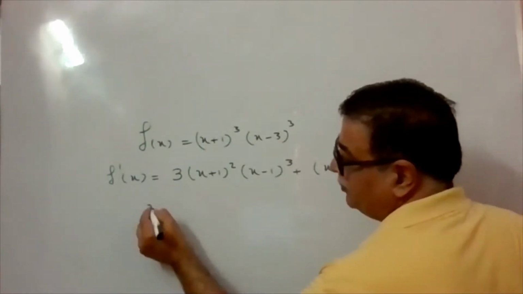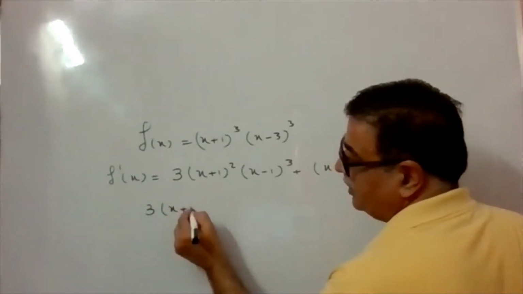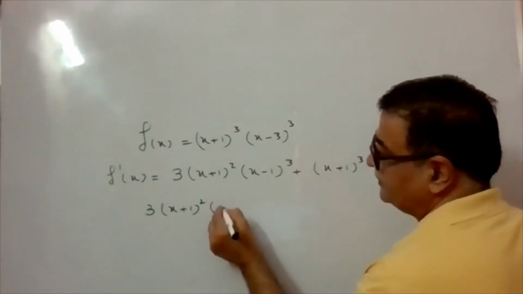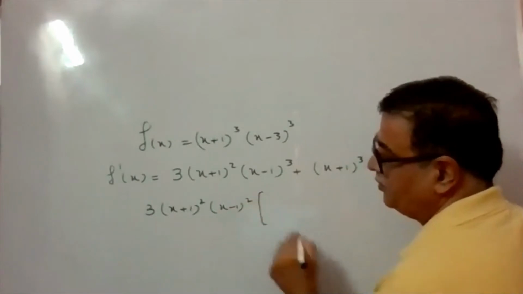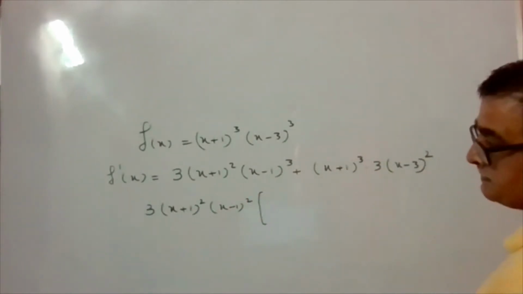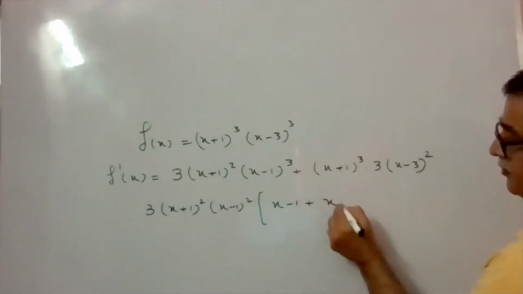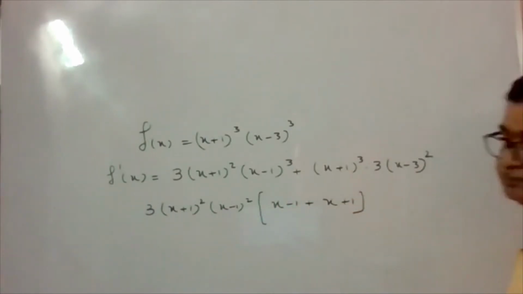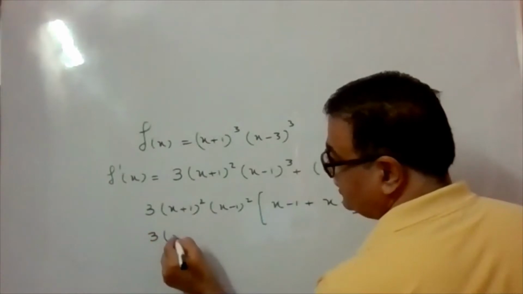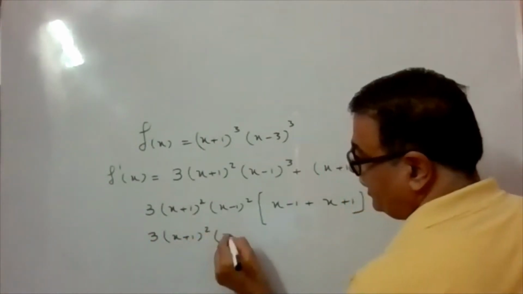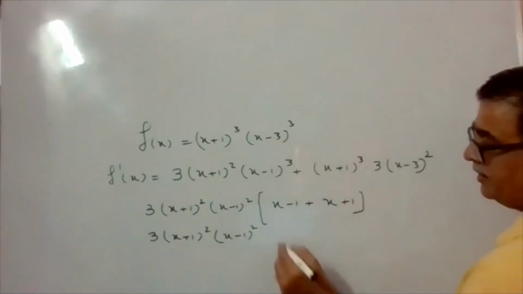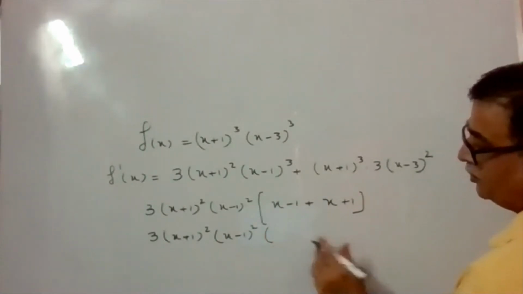Now what will it come? 3 is common, (x plus 1) whole square is common, (x minus 3) whole square is common. Then what is left here? It will leave x minus 3 and here it will leave x plus 1. Or I should say 3 times (x plus 1) whole square, (x minus 3) whole square, and this will be what? Only 2x.